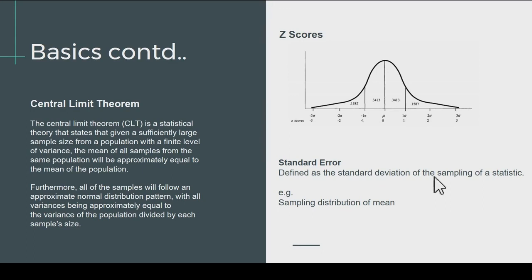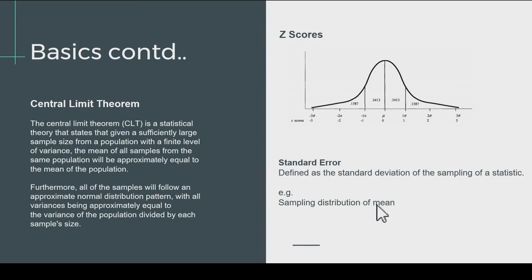Standard error is defined as the standard deviation of the sampling distribution of a statistic. I know this might sound a little confusing. Let me give an example. So let's say the example over here is the sampling distribution of the mean.